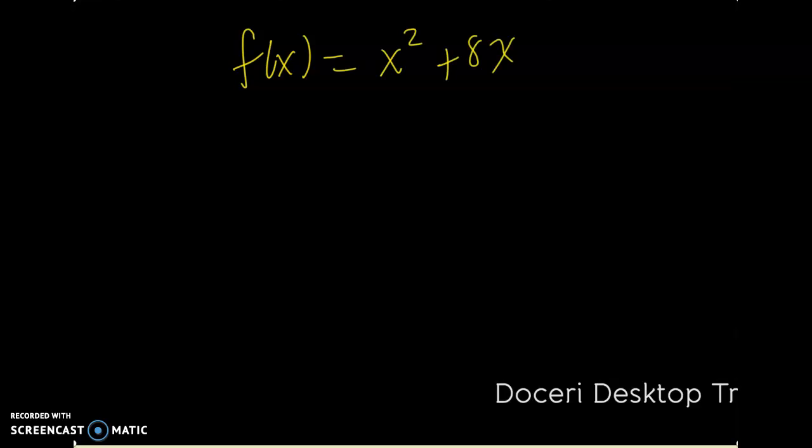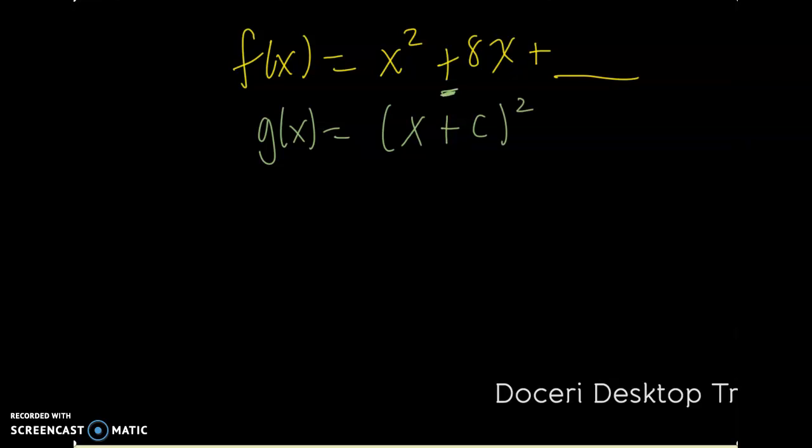So if we have a function like this, right, then what do we need to add to this function so that when we factor it, we get something like this? I'm going to use the plus because it's got a plus right there, right? So what value do we need to add here so that this f of x function factors nicely into that g of x function, right?